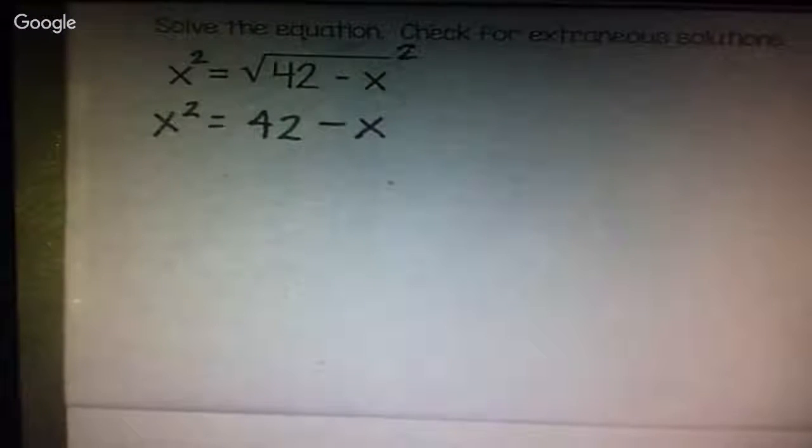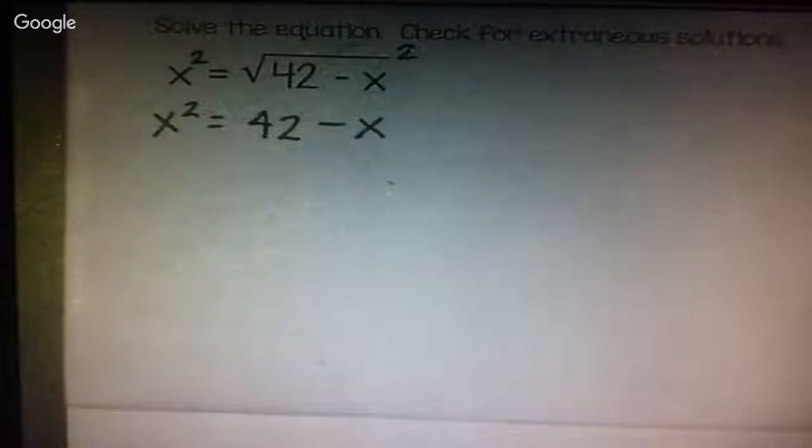This is where you end up with more than one answer. What kind of equations do I have with x squared? Quadratics. I now have a quadratic. Think back to the last unit: in order to solve a quadratic, I have to get this set equal to 0 first.